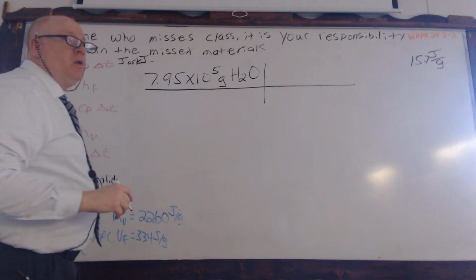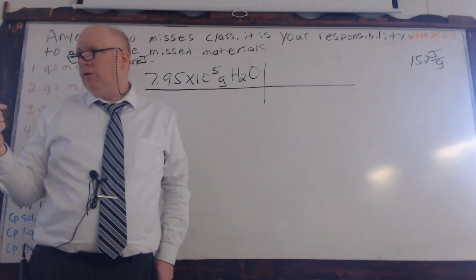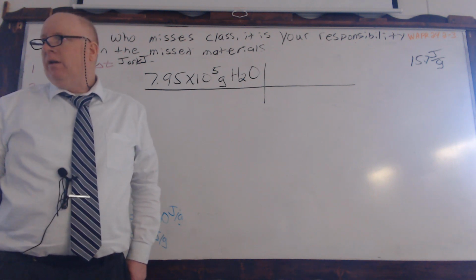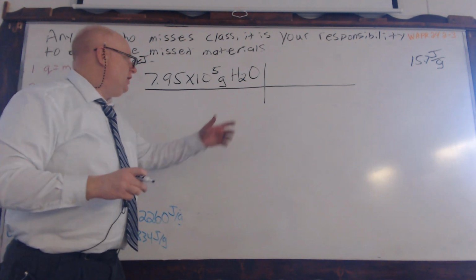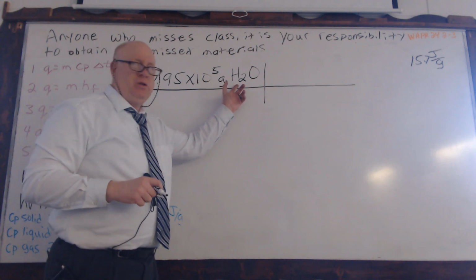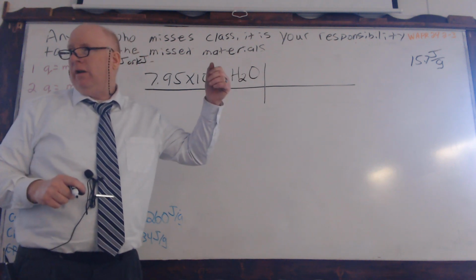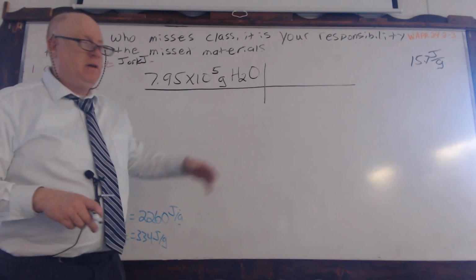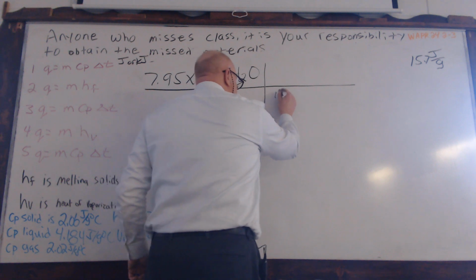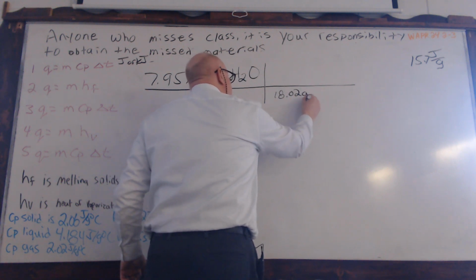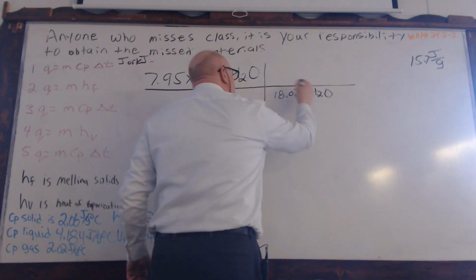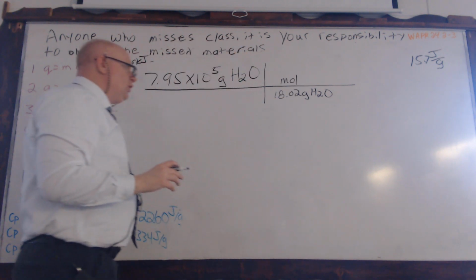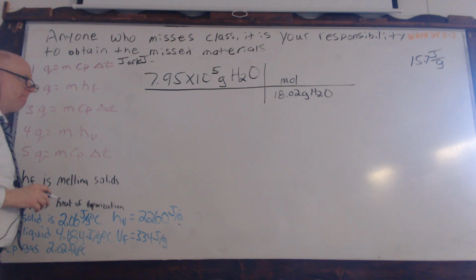So when you're given this molar heat of fusion, which is kilojoules per mole, one of the things you can do first is get rid of this gram, which is probably the best thing to do, and how could we do that because of this known substance? 18.02. Right. So for every 18.02 grams of water, you have a mole of that water. Because remember, your heat of fusion is given in kilojoules per mole.